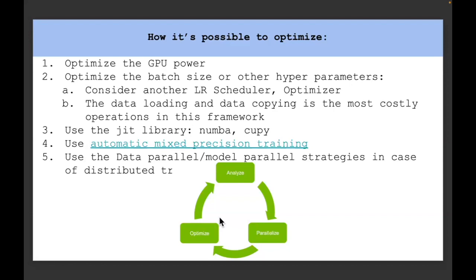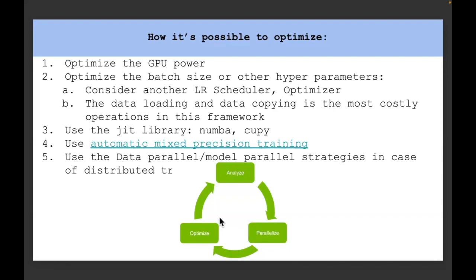Thirdly, as it was shown that data loading and working with NumPy arrays is the most costly operation in some procedures, it's possible to use Numba or CuPy in order to work with NumPy.